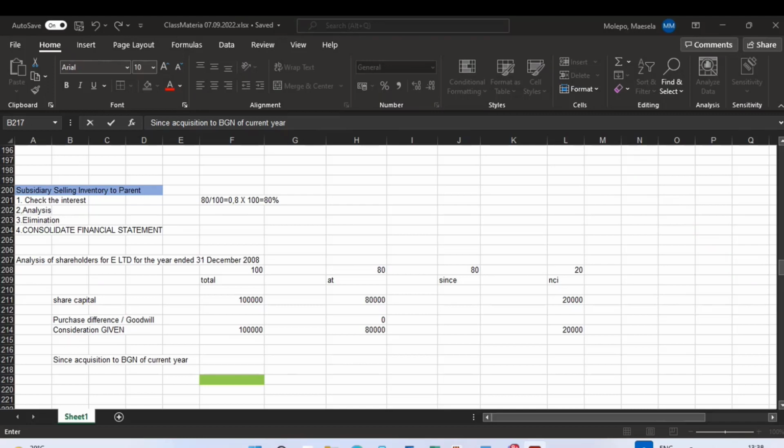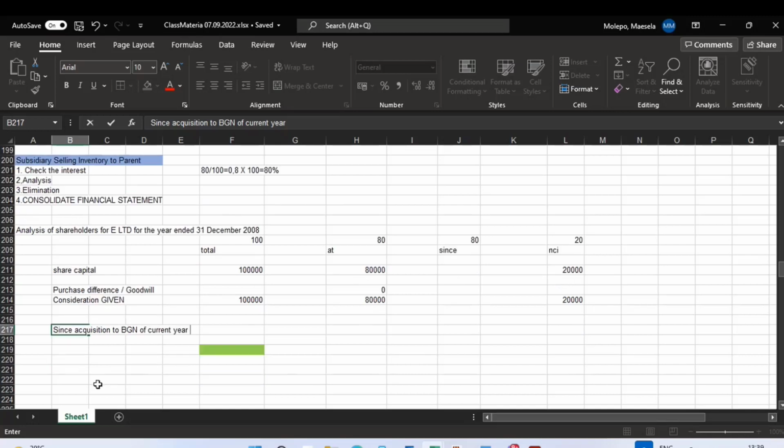So it means the unrealized profit was 40,000 in the books of the parent. So the parent didn't sell it to another person. Since it was unrealized profit last year, this year is going to be a realized profit. We are happy.